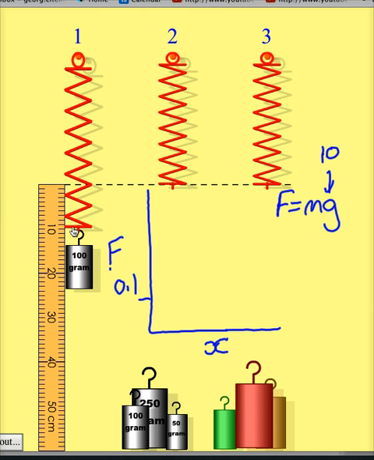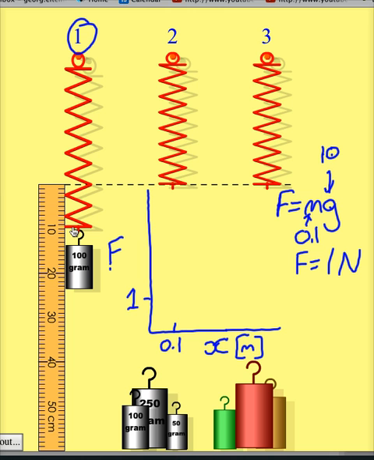Let's make it 10 for the moment. Mass is 0.1 kilograms and gravity is 10, so we end up with a force equal to 1 Newton. So for 1 Newton of force on this spring, spring number 1, it stretches 0.1 meters. We're cool with that?